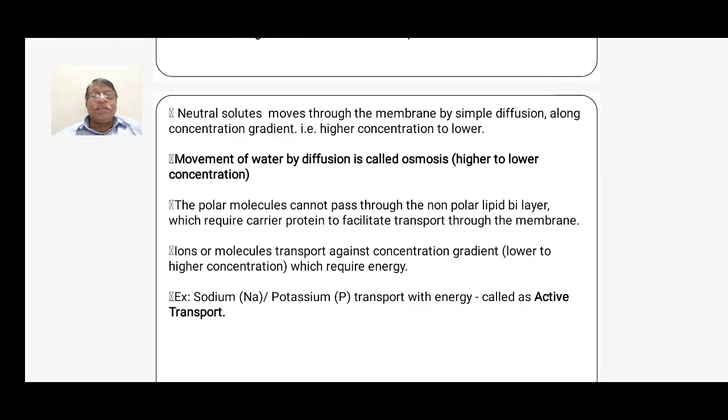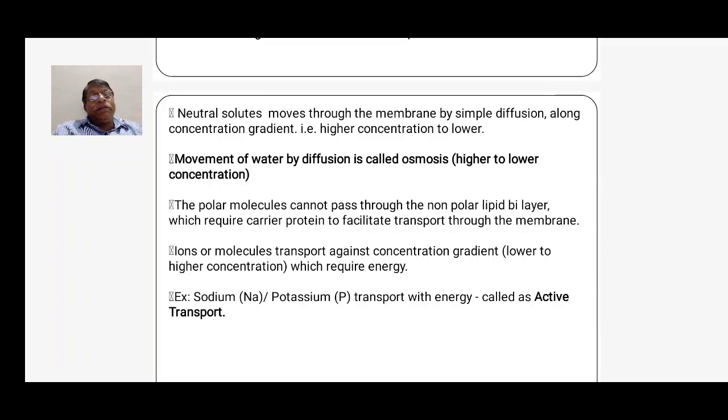So this is how the polar molecules pass from one end to the other end. What about the ions or the molecules which transport against the concentration gradient? Some of the molecules transport against the concentration gradient.